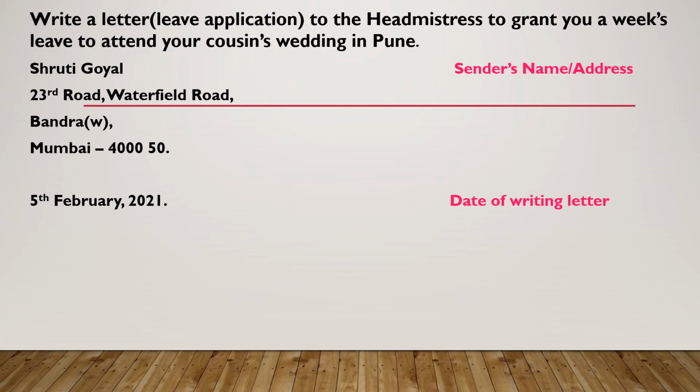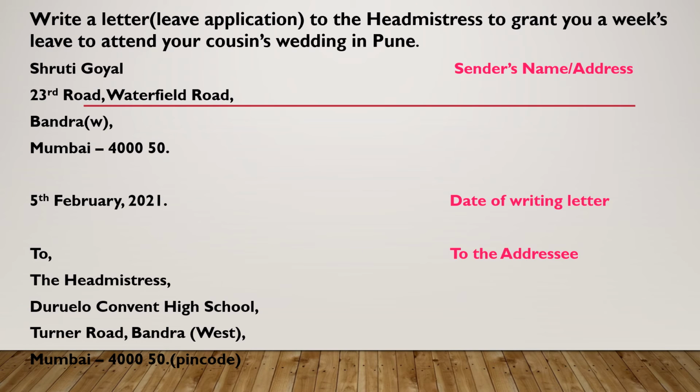2021. The next step is to whom you're going to write this letter. For example, you're addressing it to your headmistress. So it's going to be to the headmistress, Durello Convent High School, the name of your school, and where it's located: Turner Road, Bandra West, Mumbai, 400050.